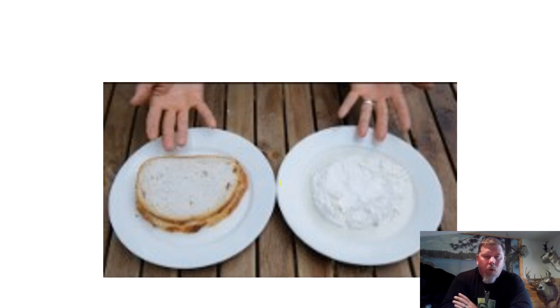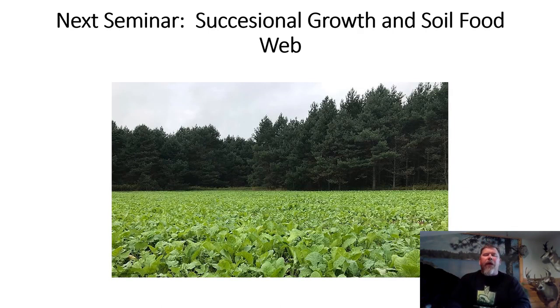So I hope that today you got a little bit more understanding on the structure of soil and the makeup, and a little sneak peek into what we're going to be diving into a little bit deeper next.